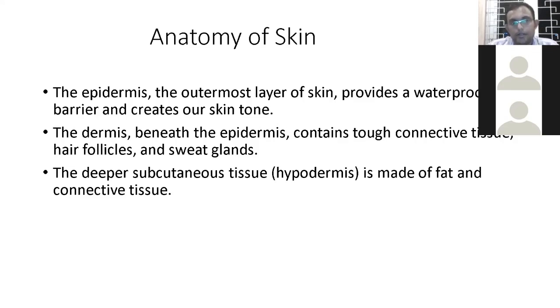No protective organelles like hair follicles and sweat glands are there, so you have to attend to moisture and all those things after healing the wound. And then the deep subcutaneous tissue, hypodermis, is made of fat and connective tissue. So you have to just remember these three layers. This is very important.